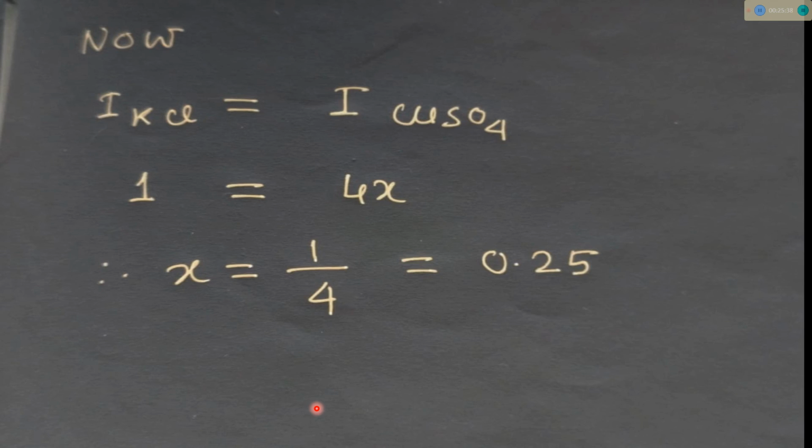Now in the question it is mentioned that the 1 molar solution of KCl has the same ionic strength as X molar solution of copper sulfate. So we can write I of KCl equal to I of CuSO4, because the question says the ionic strength of 1 molar KCl equals the ionic strength of X molar CuSO4.